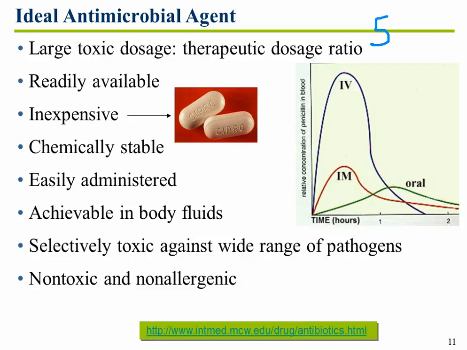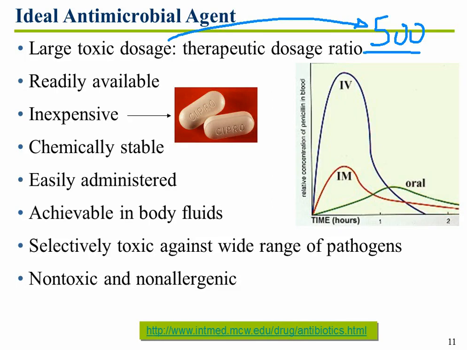Let's say that the dosage for drug X that causes toxicity is 500. That is toxicity to the host. Might make you have diarrhea, might destroy your bone marrow, might do liver damage, might cause deafness, whatever the toxicity. That's the toxic dosage right there.